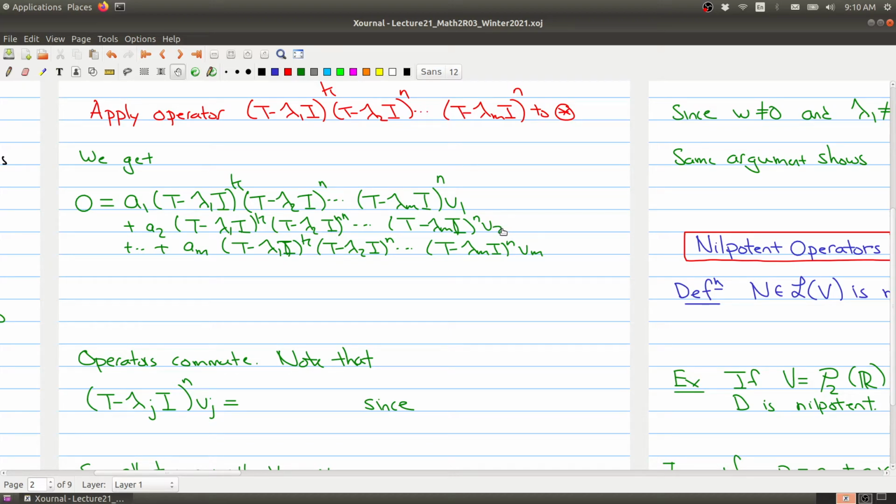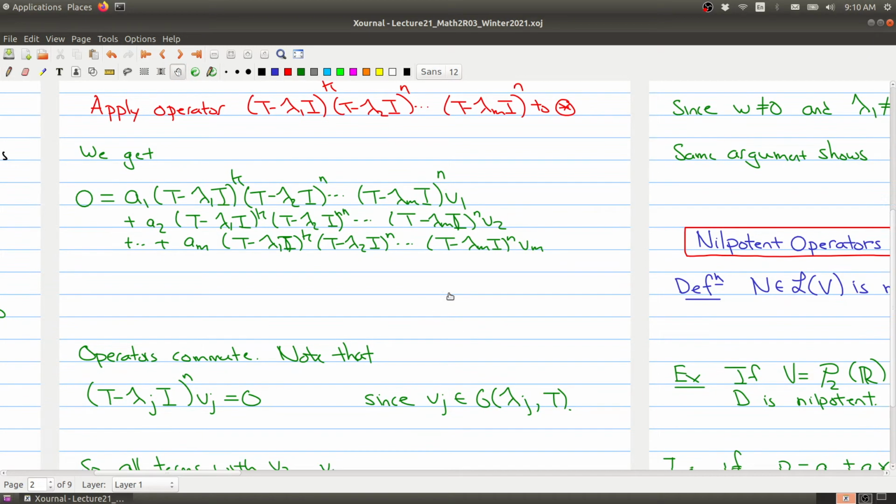But v2 is a generalized eigenvector, so when I plug it into this operator, I get 0. And that's actually true for each of the vectors v2, v3, all the way up to vm. If I take vj and plug it into this operator, I have to get 0, since vj is a generalized eigenvector of lambda j.